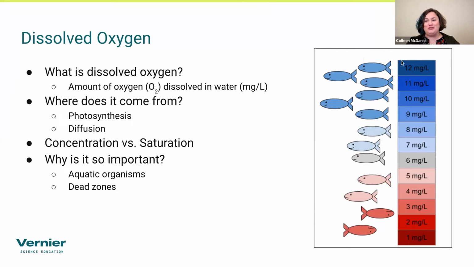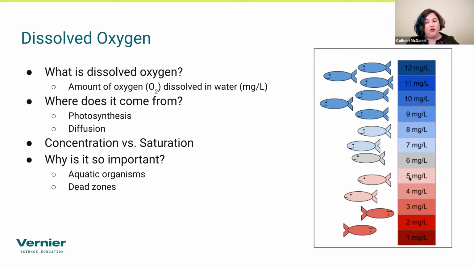And this lovely image graphic that I made on Google Art design, whatever it is, shows you the range that we typically see of dissolved oxygen concentrations. And so there are specific species of fish and other organisms that are going to be finding their niche, and they have to have a certain amount of oxygen present in the water to be able to survive. So for example, if your water concentration is 6 milligrams per liter of oxygen, that's not a really great level. Your fish are going to start to be a little unhappy and stressed.